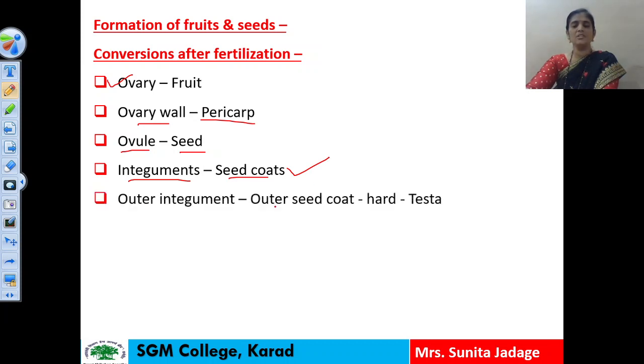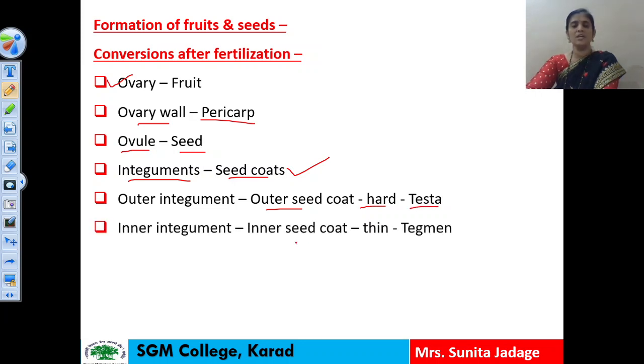Outer integument is forming the outer seed coat, which is very hard. It is known as a testa. And inner integument is converting into the inner seed coat, which is thin. It is known as a tegmen. So in this way, after post-fertilization events, the conversion of ovary is taking place into fruit, ovary wall is converting into pericarp, ovule is converting into seed, integuments are converted into seed coats, outer integument is converted into the outer seed coat, which is hard, known as a testa.